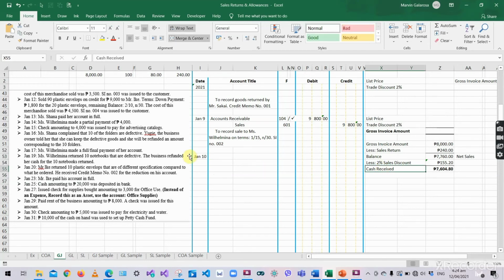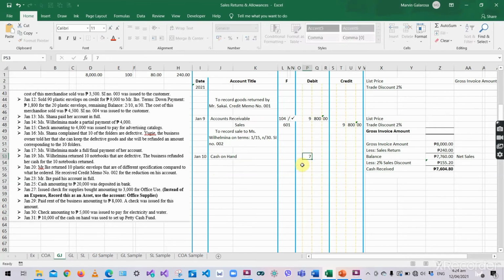Entry on January 10, debit. Para dun sa cash na na-receive, debit cash on hand, 7,604.80. Merong sales discount na 155.20. Increase sa sales discount recorded sa debit side.